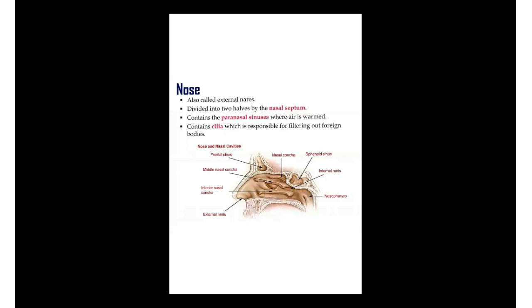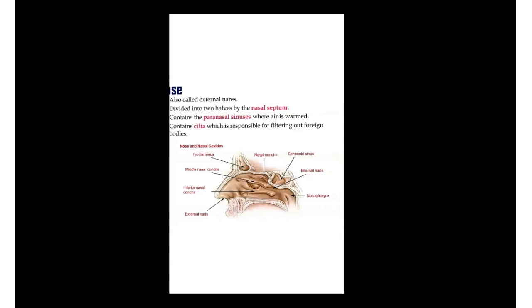Clear till now, guys? You can see in this diagram your external nares, then the inferior nasal concha and the middle nasal concha. Above that we have the frontal sinuses, then the nasopharynx, and at the back the sphenoidal sinuses.